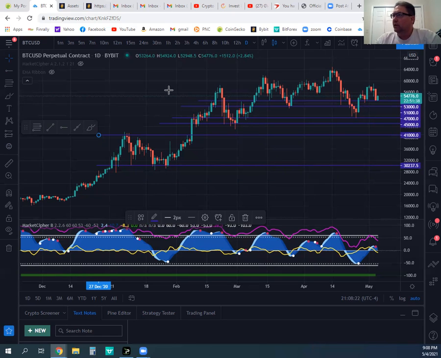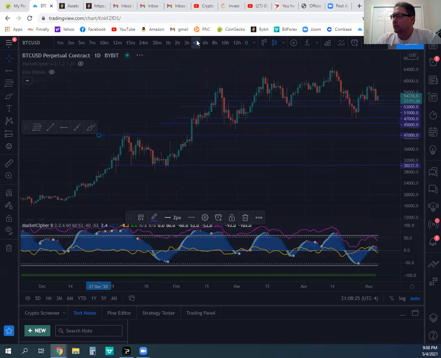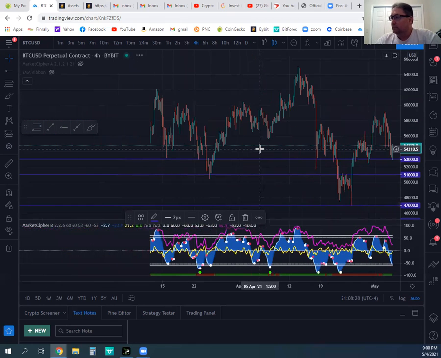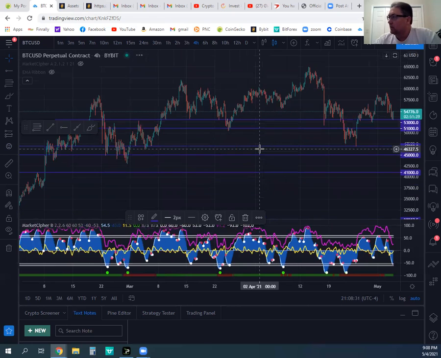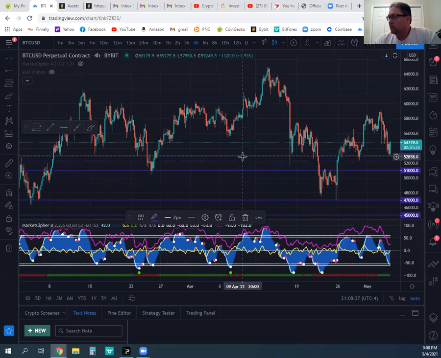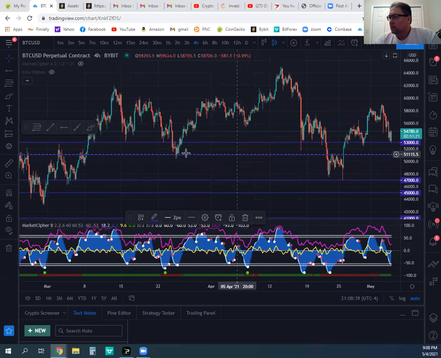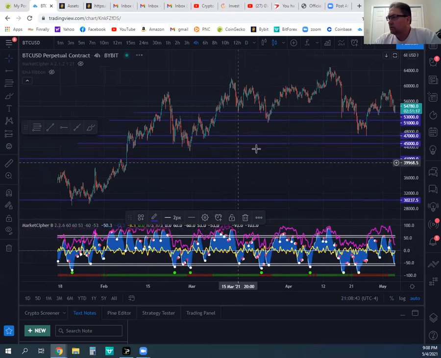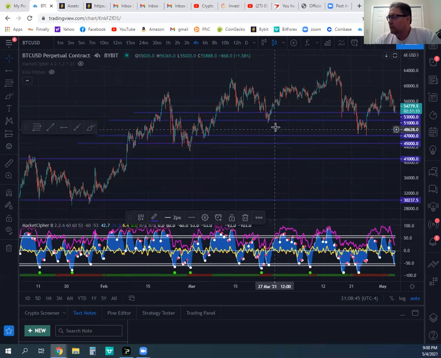If we take the charts and we go down to a 4-hour chart, obviously the 4-hour chart is still going to have the purple lines, but it'll give us a little more definition with the time frames.